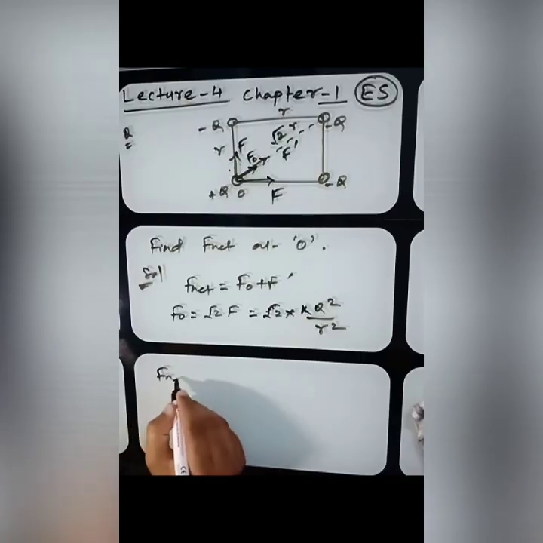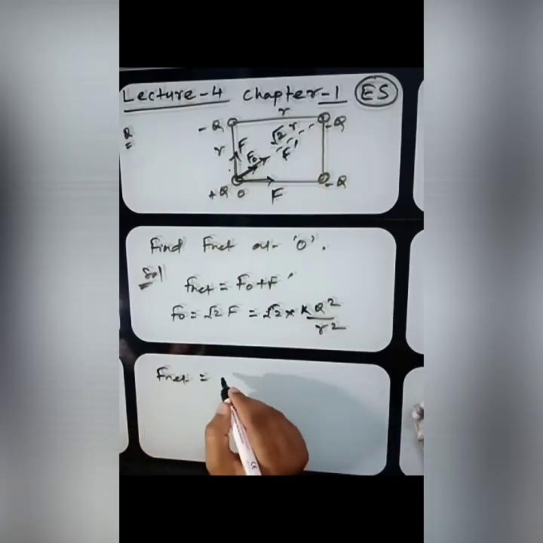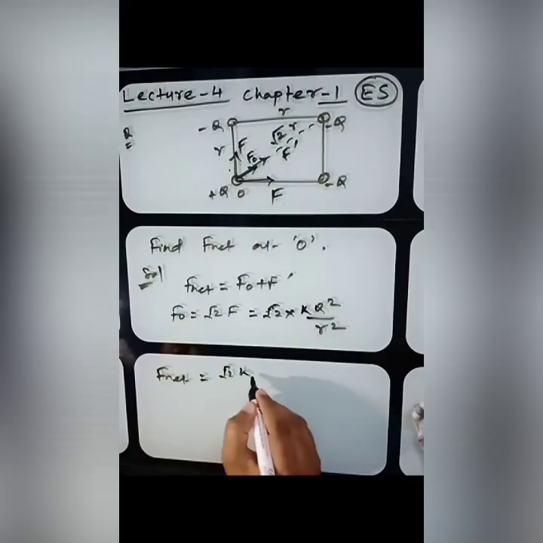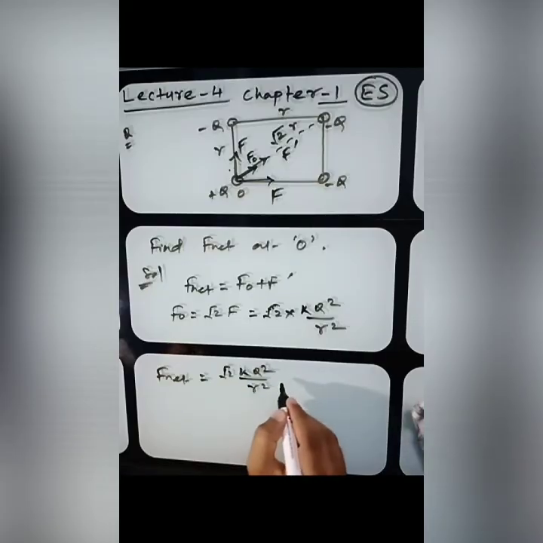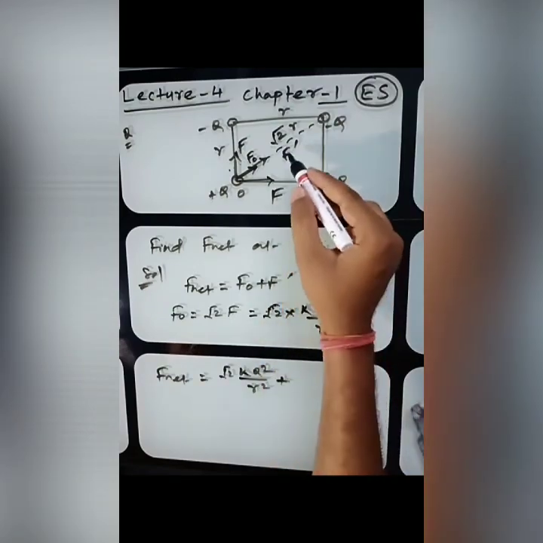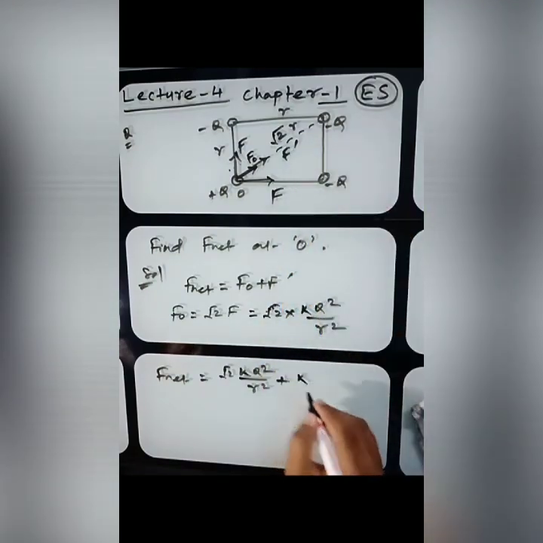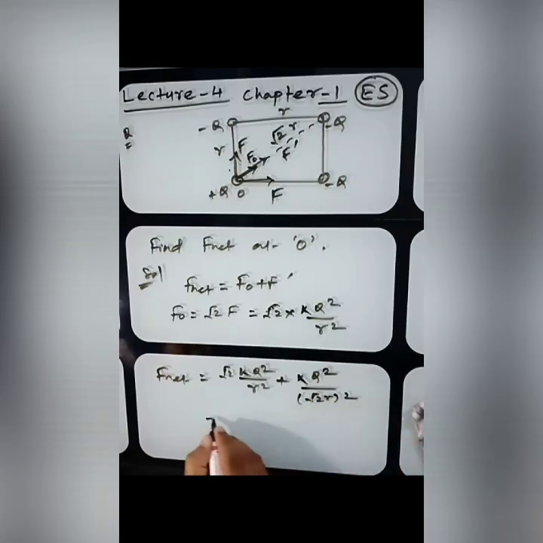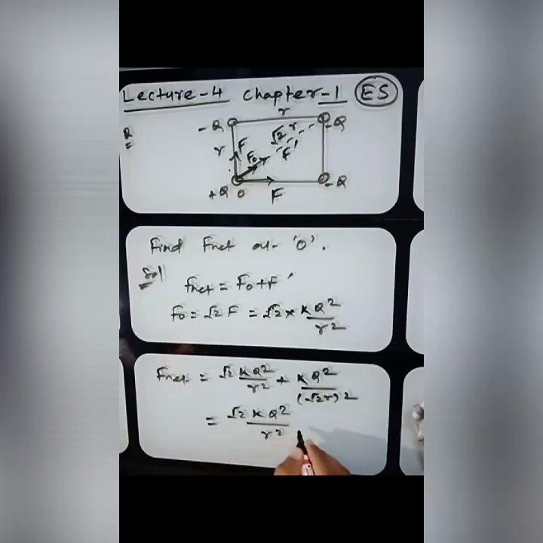So the F net, you can write here root 2 times k q square by r square plus F dash. It is F dash, it is k q1 q2, that is q square, by root 2 r whole square. It is root 2 k q square by r square plus k q square by 2 r square.